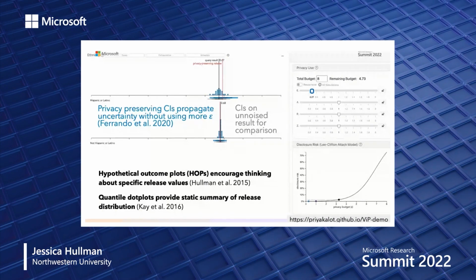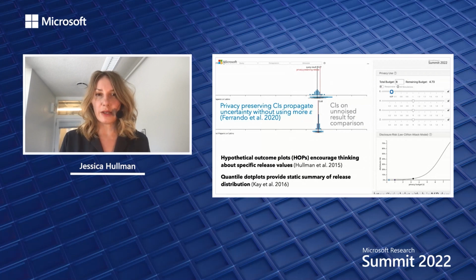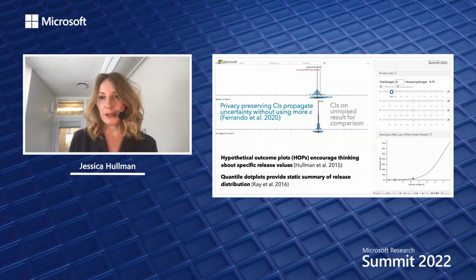So these represent simply the uncertainty from sampling error. By comparing the width of the colored and the gray intervals, the data curator can immediately see how the noise contributed by the privacy-preserving mechanism increases uncertainty that the data consumers face about what the population parameter value is. There's also an option to turn off the inference mode, which will treat the unnoised query result as the true result and only show the addition of the differential privacy noise.